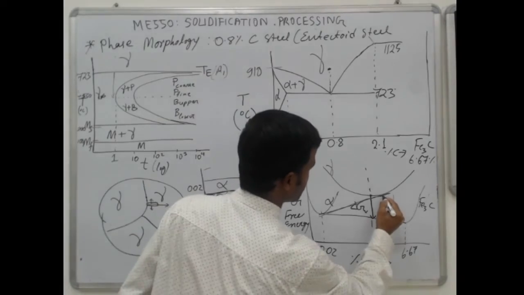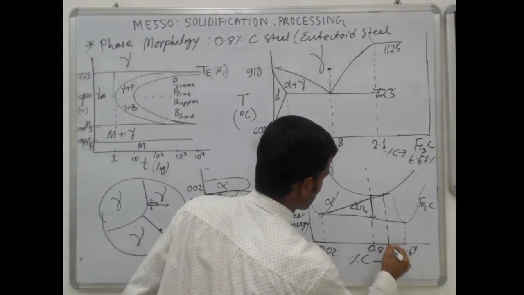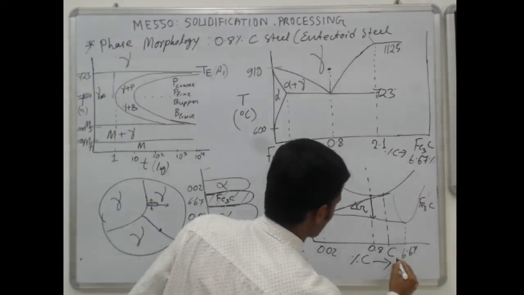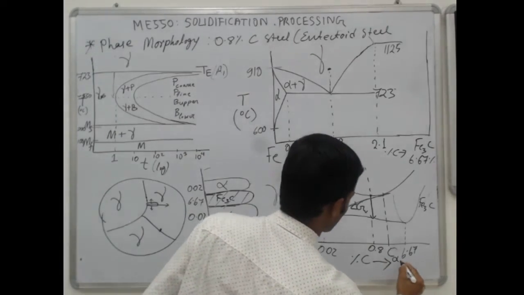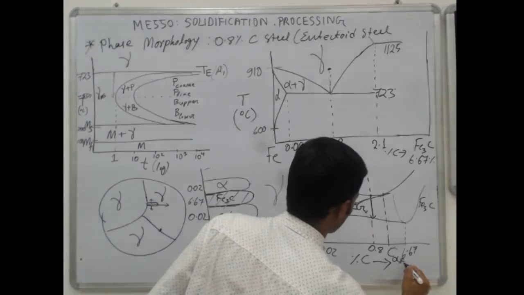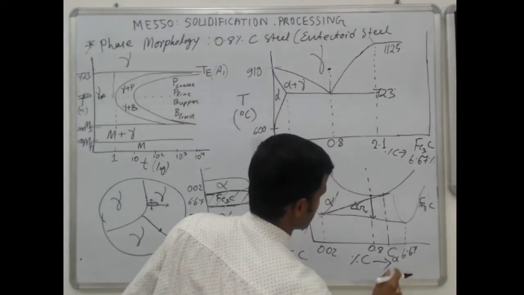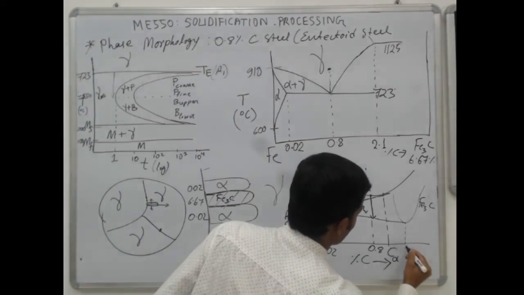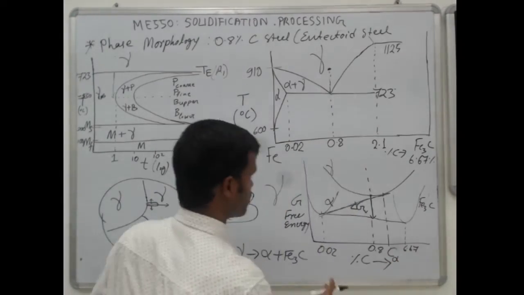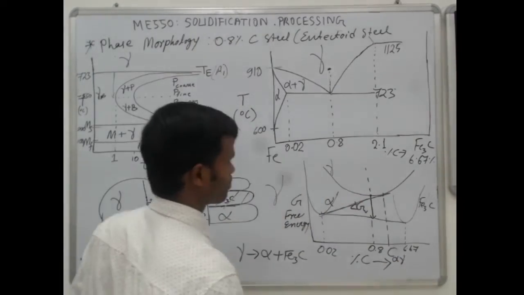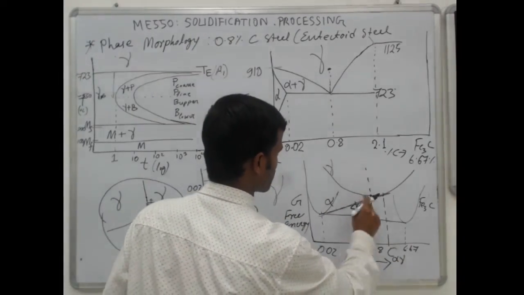This is the composition of alpha, so this is the composition of alpha and gamma, equilibrium between alpha and gamma.